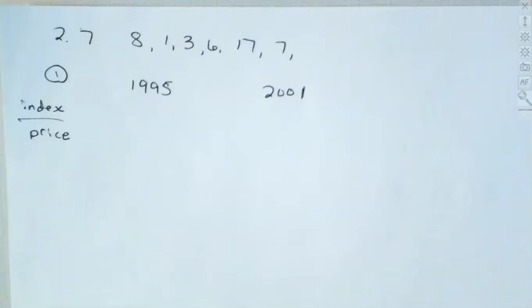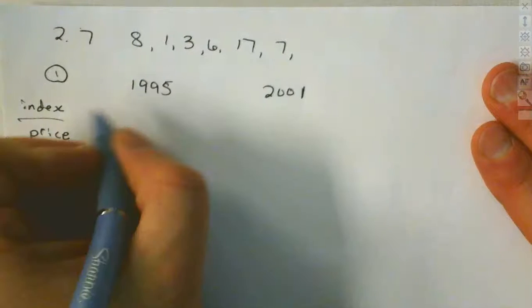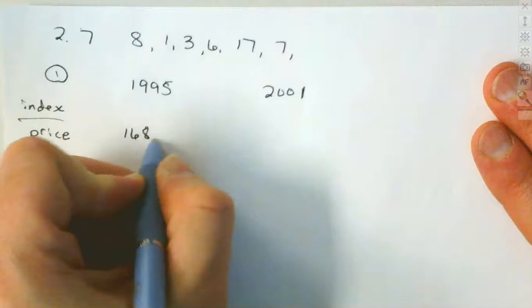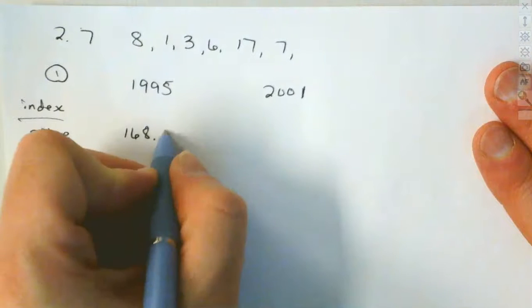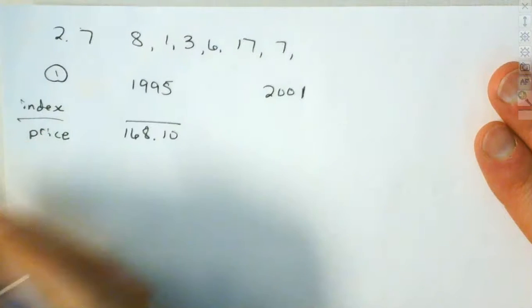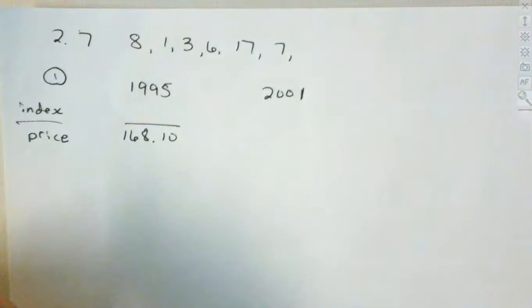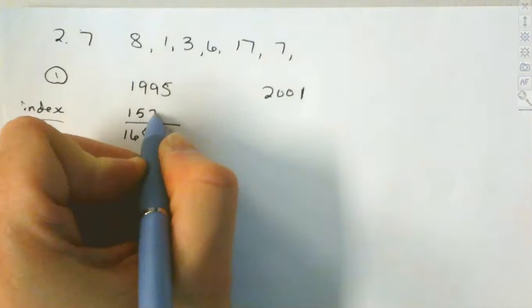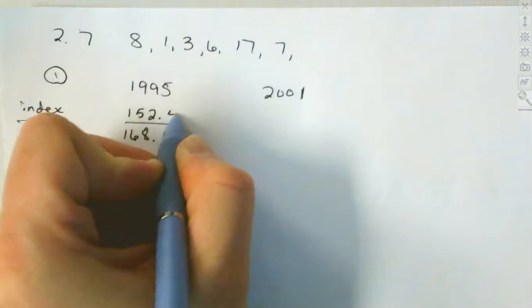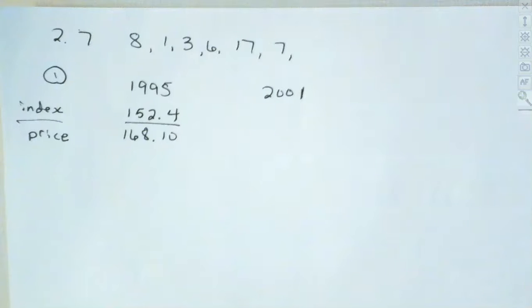So let's see what we have here, and we'll do 1995 first. These groceries in 1995 cost $168.10. And what's the index in 1995? If we look up that index value, it's 152.4, right? Is everyone okay with that?